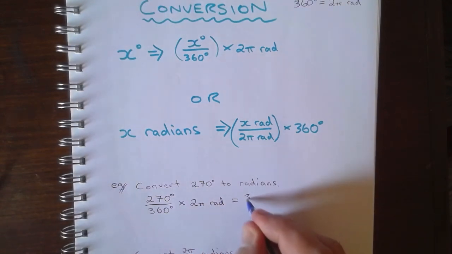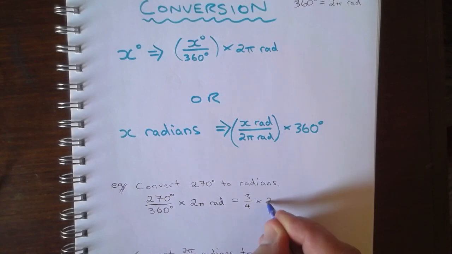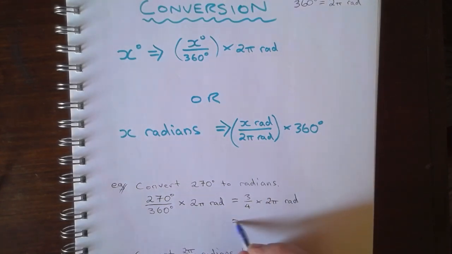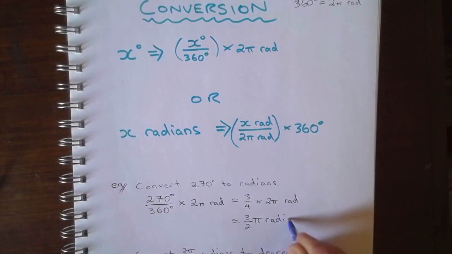So 3/4 multiplied by 2 pi radians is going to be equal to 3 times 2 is 6, divided by 4, is 3 on 2 pi radians. Or if you like, 1.5 pi radians.